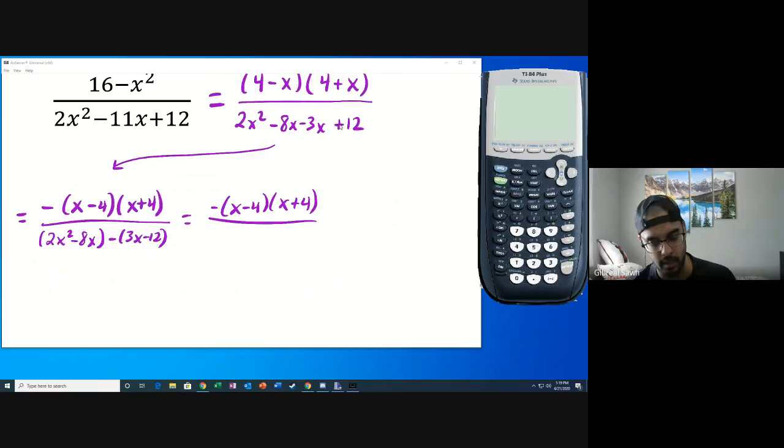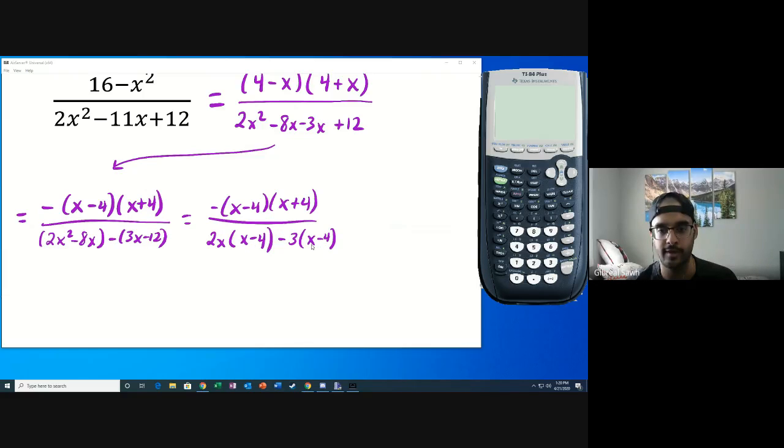So on the bottom, factor out each group. Common factor from the first set of brackets is going to be 2x. So if I take a 2x out, I'm going to be left with an x minus 4, which looks good. If I take a common factor of 3 out of the second set of brackets, I'm going to have, again, an x minus 4, which looks good.